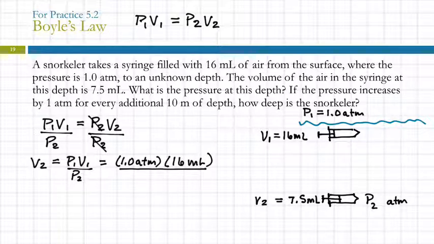you see what I did there? Yeah, that's what you guys are mumbling about. I'm not trying to solve for V2. I'm solving for P2. Okay, P2, I need to divide both sides by V2.